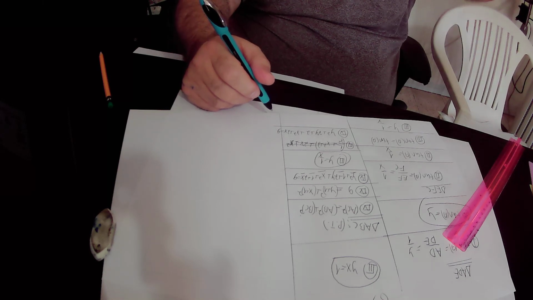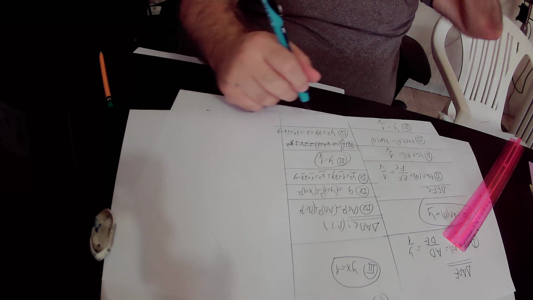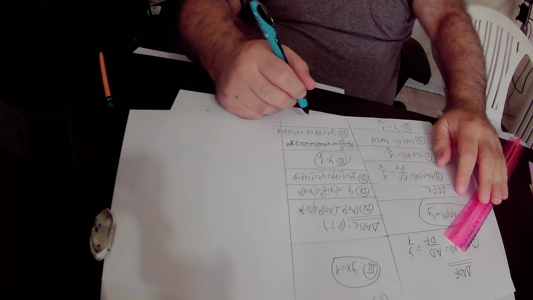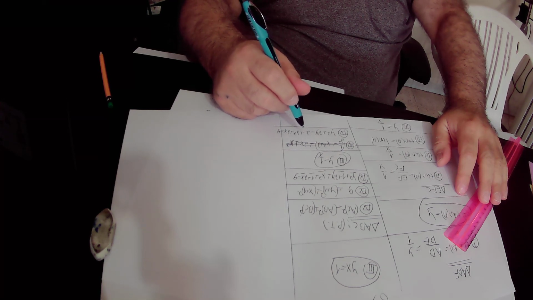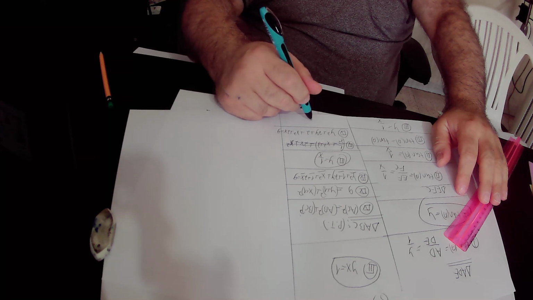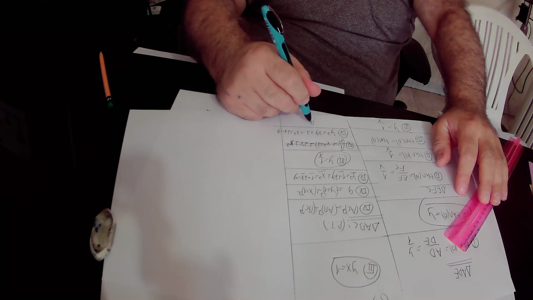And we know that y equals 1 over x, according to equation number 3.